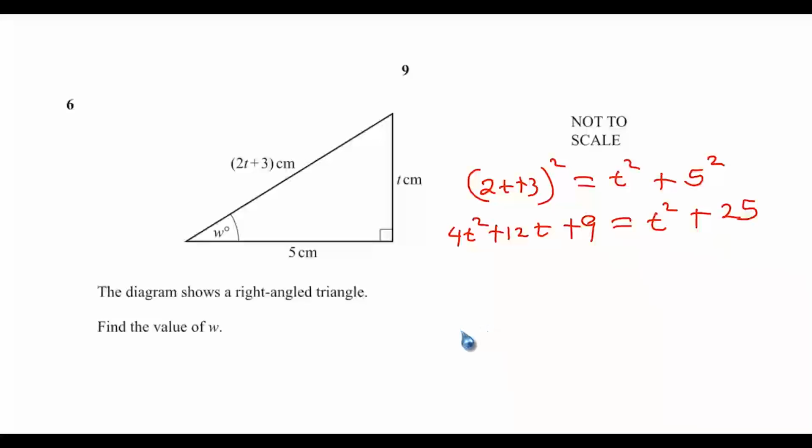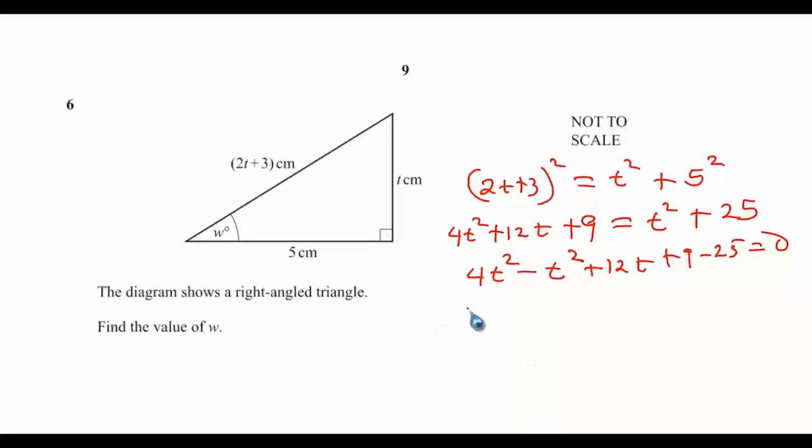So we can now rearrange. That will be 4t squared minus t squared plus 12t plus 9 minus 25 equals to 0.